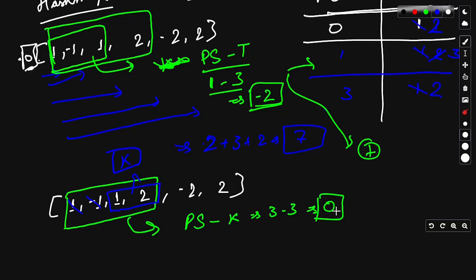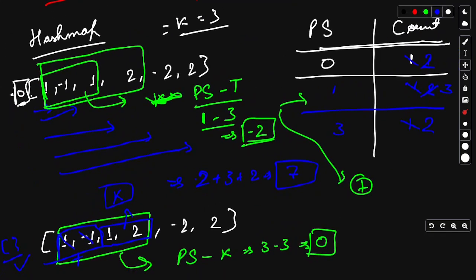Since we have 0 two times, we will have the count equal to 2. The first subarray will be an empty array, so we will add this plus this part of the subarray to our answer. We will find the summation of this and we will get the answer.